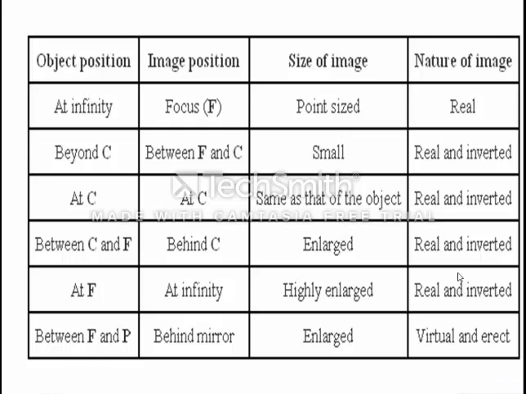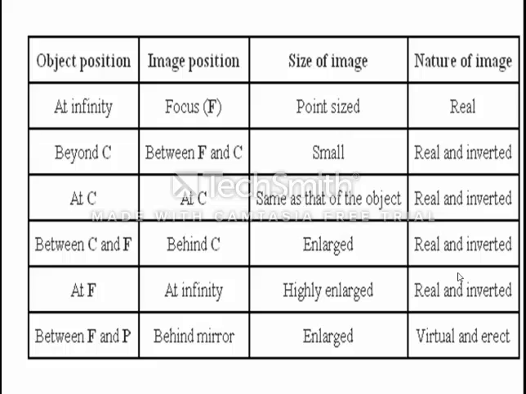In our last lecture, we talked about the concave mirror and its cases. We have also seen that the concave mirror is known as a converging mirror, which produces both types of image, real as well as virtual.